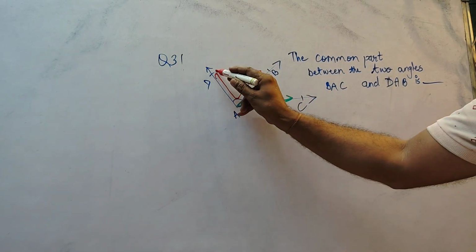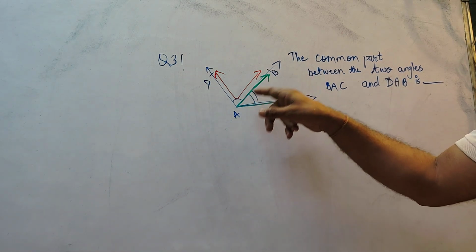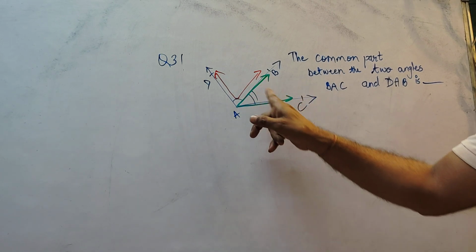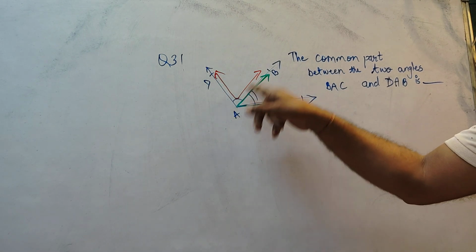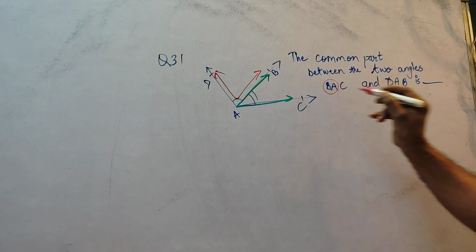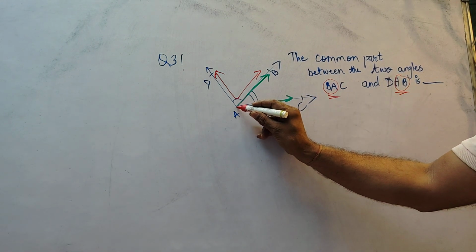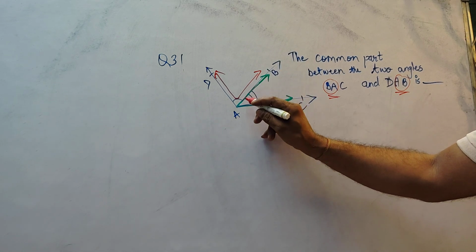Could you tell what is the common part in BAC and DAB? You can see that ray AB is coming in the angle BAC as well as in DAB. It starts from A and goes in the direction of the arrow.